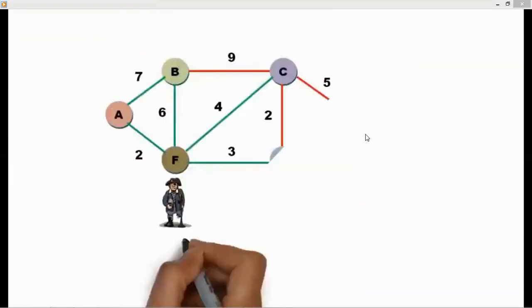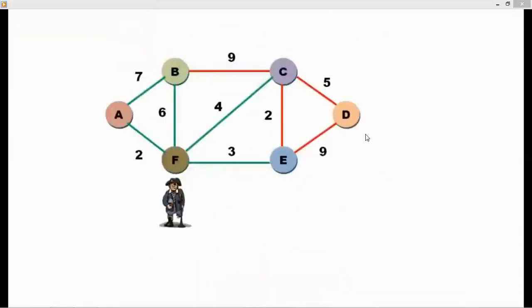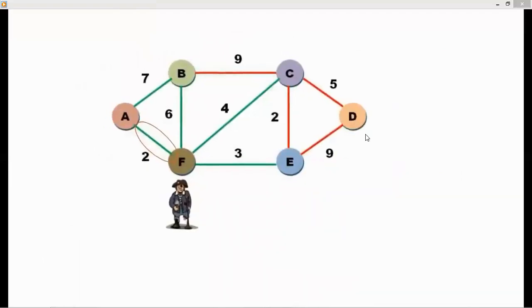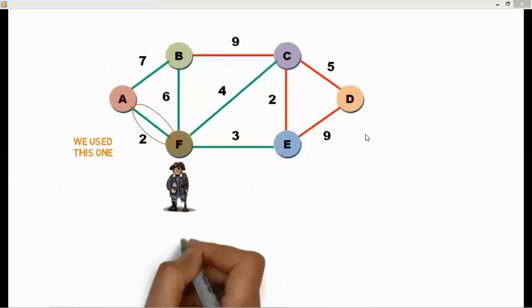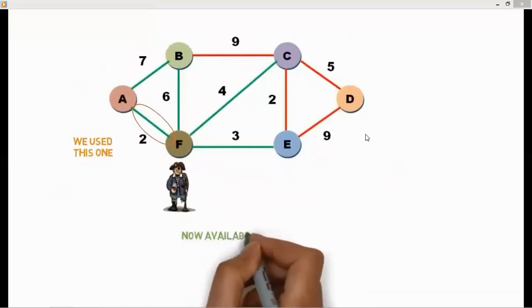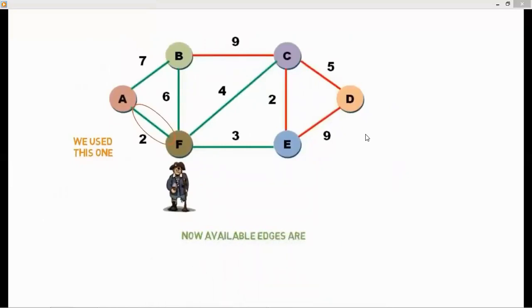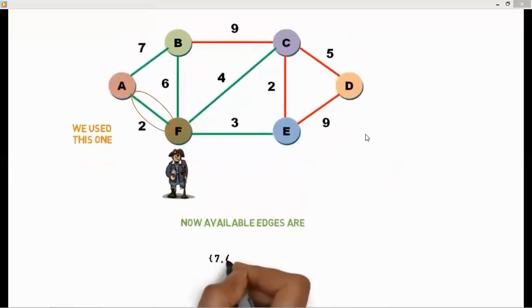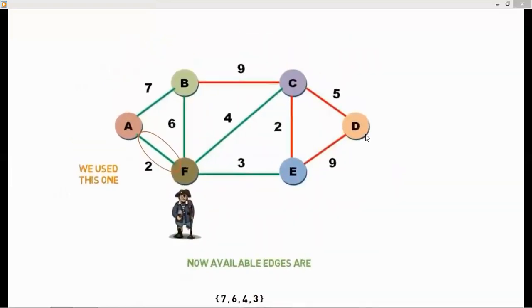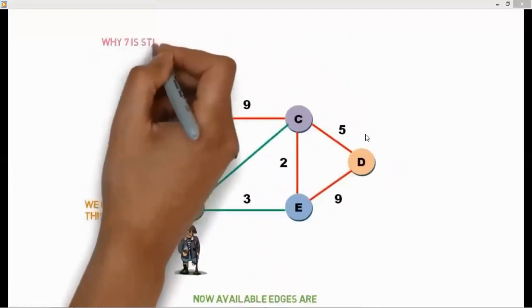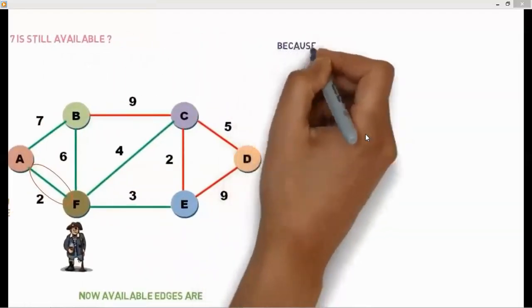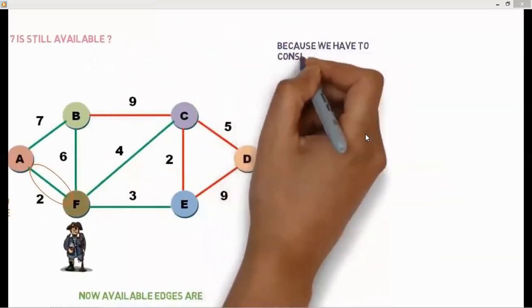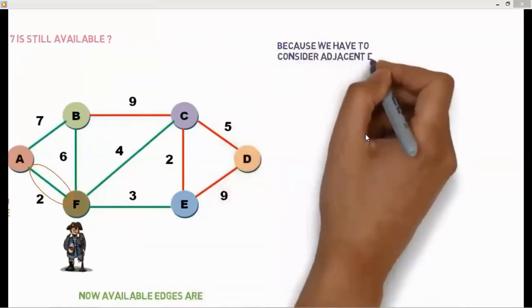Next, another minimum cost edge: again he takes E to F with weight 2. From A we have 3 paths: A to B with weight 7.